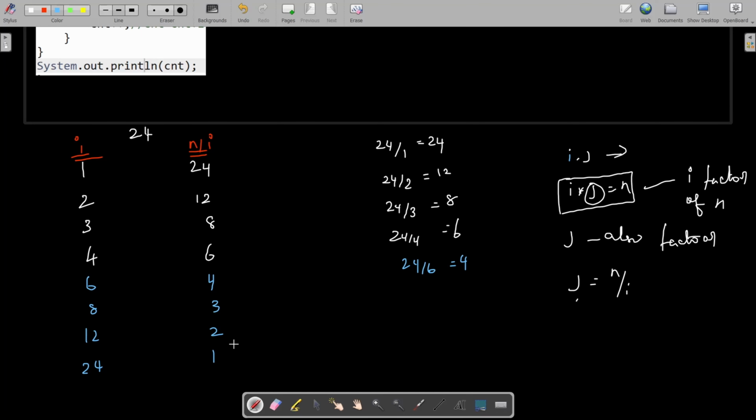My one more question is, do you really want to check till 24 to get the factors of 24? No. So we can check up to some number, right? Okay, so let me pick another number. Let's take 100 this time. So my i is i and n by i.